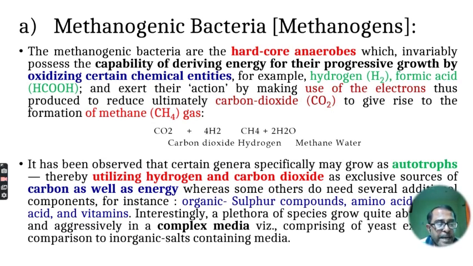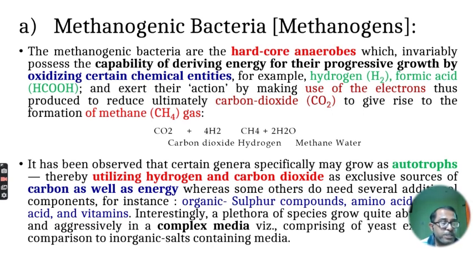But in the case of methanogenic bacteria, they use hydrogen or formic acid as a source of energy, as a source of electrons, and carbon dioxide as a source of carbon to form the methane gas. So these methanogenic bacteria are autotrophs.